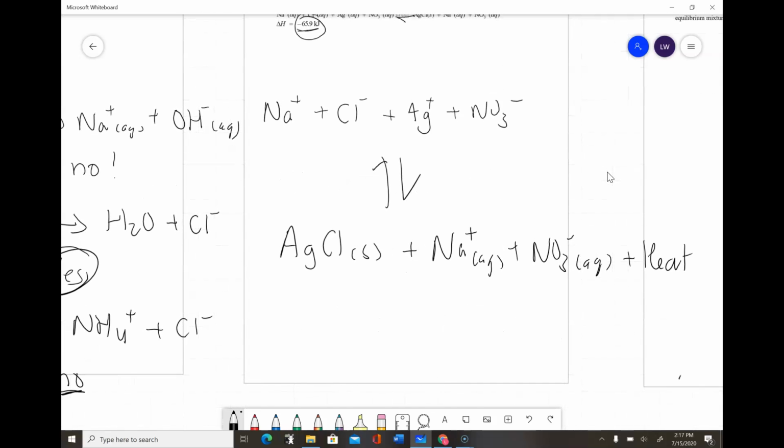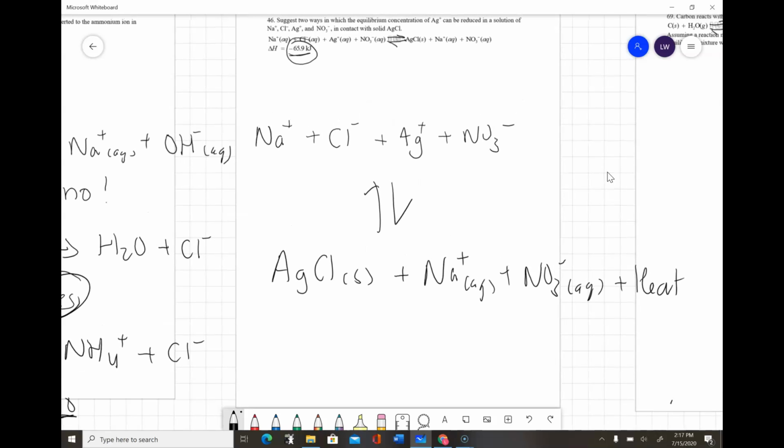So our first way that we could get this reaction to consume silver ions would be to mess with the temperature to get it to shift towards products. So we want it to shift to the right. That's what we want, shift right. And how are we going to get it to do that?